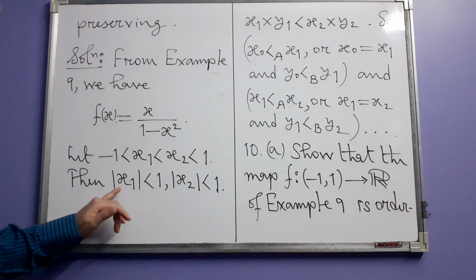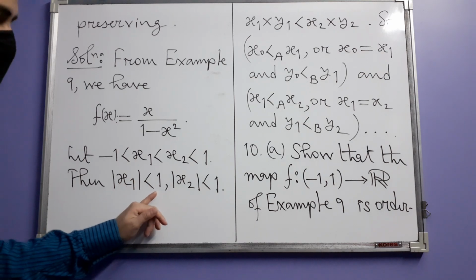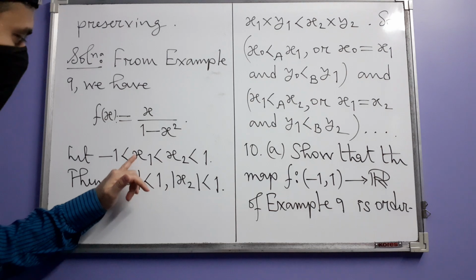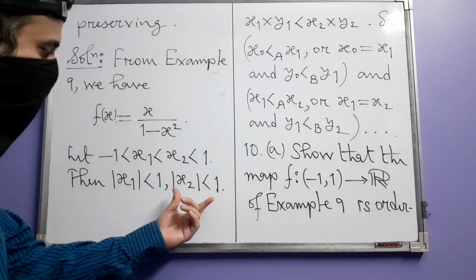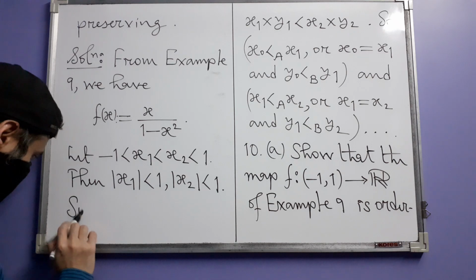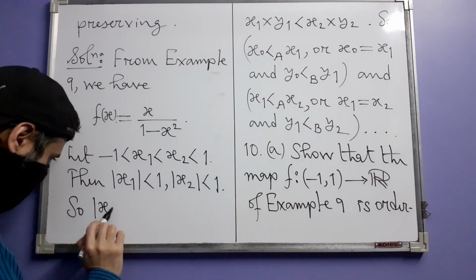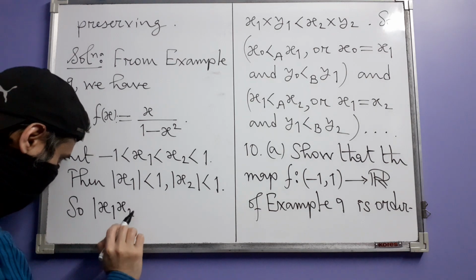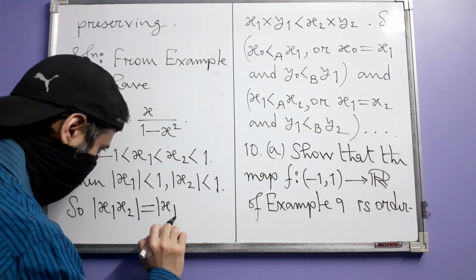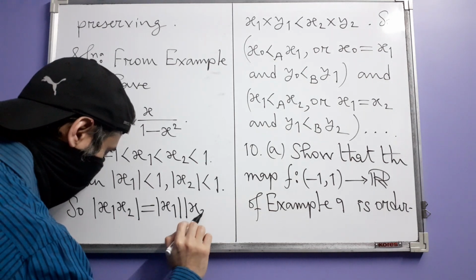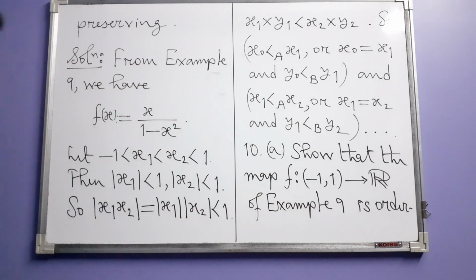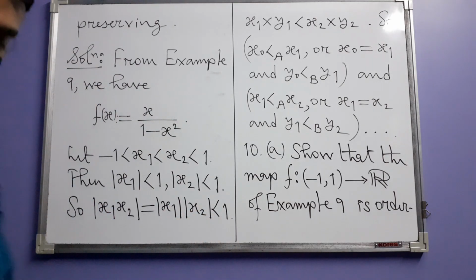You know that this inequality is equivalent to these inequalities, that -1 is less than x1 and x1 is less than 1. Similarly for this one. So this product, which from properties of absolute values is equal to this, that is also less than 1, right?